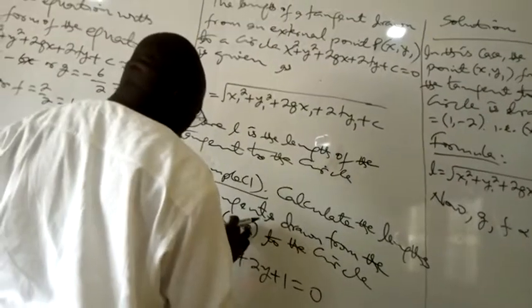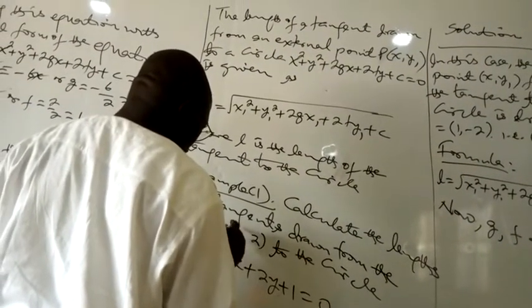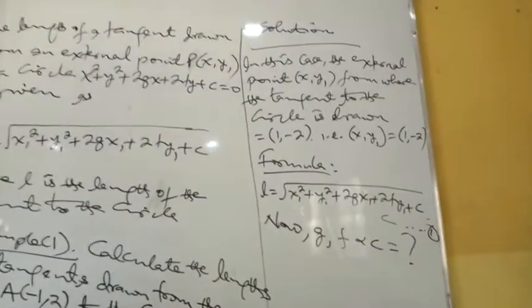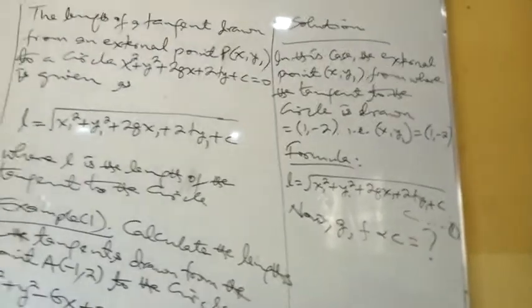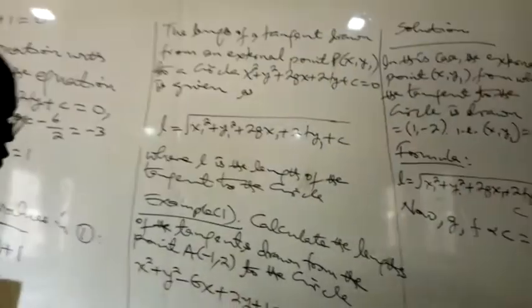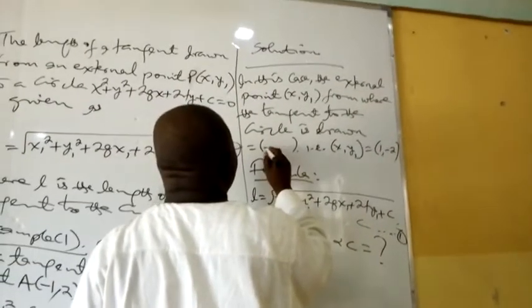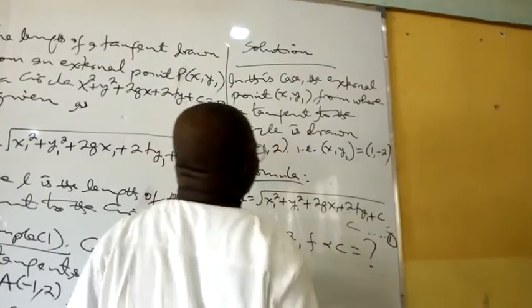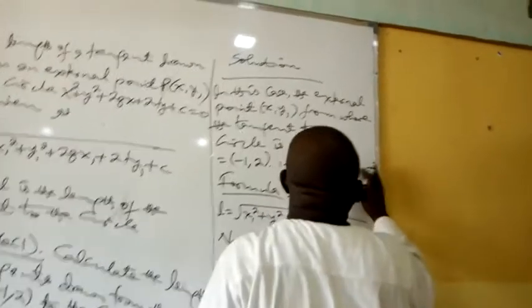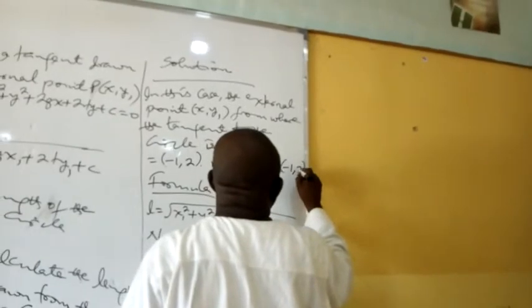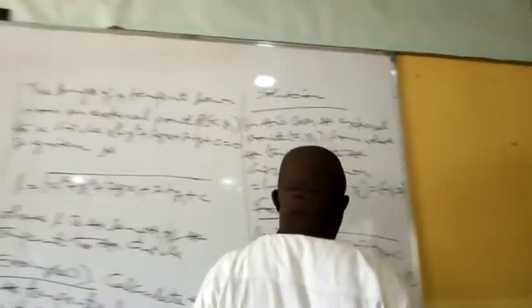Correction, please. This is minus 1, comma 2. Please correct it. These are the corrections.